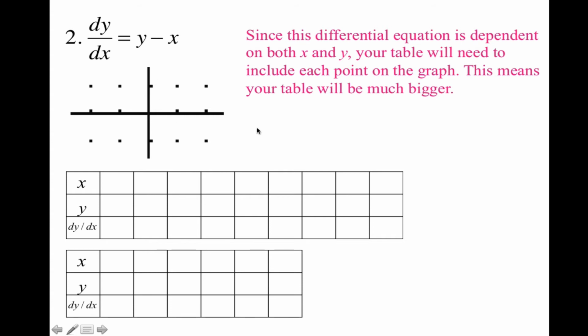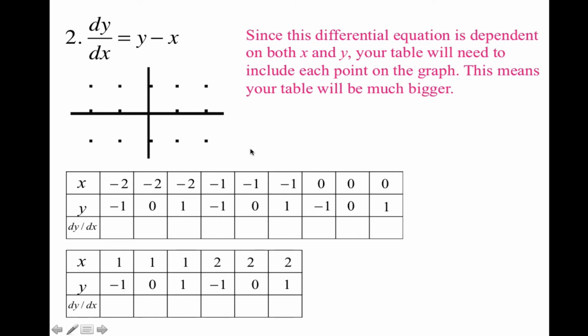I'm going to fill out this table, and I'm going to have to list every single point that I have shown on this dot paper. So I'm going to start with (-2, -1), (-2, 0), (-2, 1), and so on, until I have filled out every point that I'm going to calculate the slope on. First I'm going to calculate the slope at the point (-2, -1).